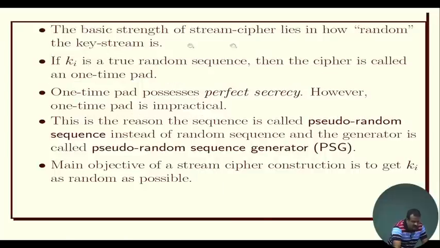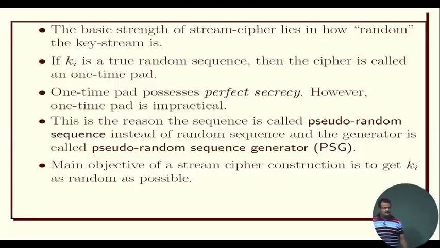So, the basic strength of the stream cipher lies in how random the key stream is, because we know that the key stream cannot be a truly random sequence. So, now the question is how random this is. If Ki is a truly random sequence, then the cipher is called the one time pad, which possesses the Shannon notion of perfect secrecy. However, the one time pad is not possible to have in practice; it is impractical.